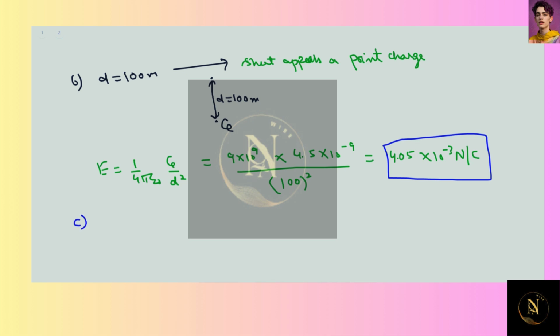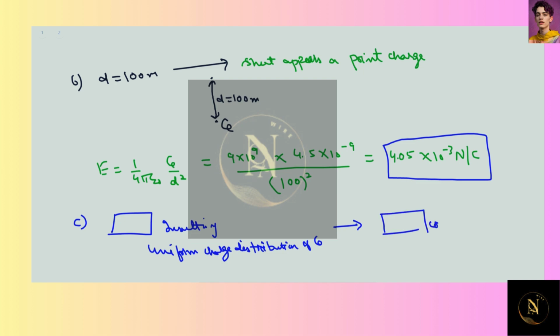The question is, if the insulating sheet with uniform charge distribution of Q is replaced with a conductor with the same charge, what would the difference be?